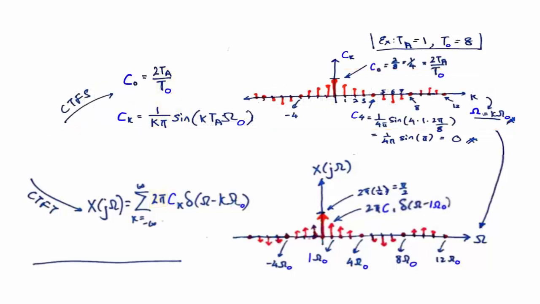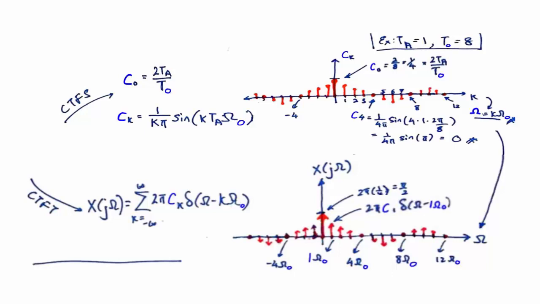In addition to that, to make X of j omega correct in the continuous frequency domain, the delta at omega minus k omega naught is put into the expression for X of j omega. Comparing these two figures, Ck's and X of j omega, one would think that they are completely the same. So let's recollect what the difference is.